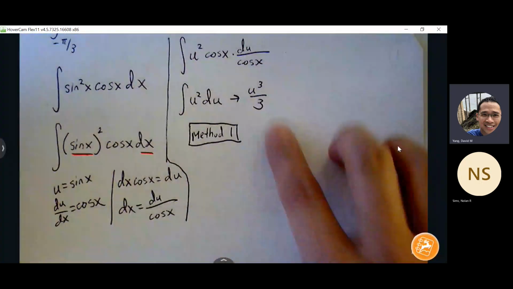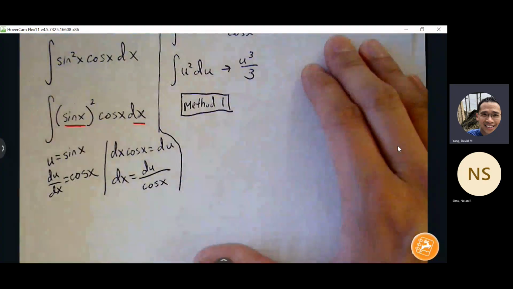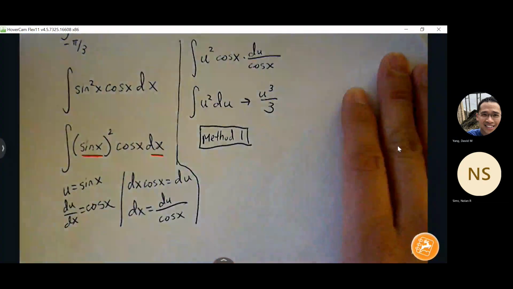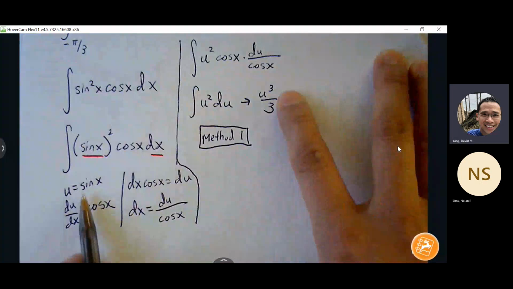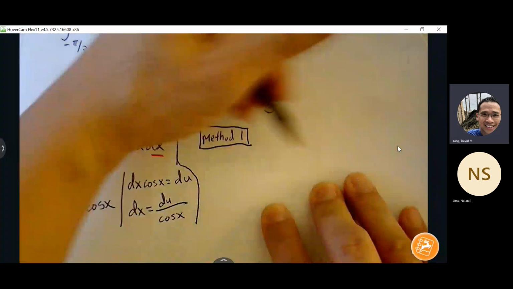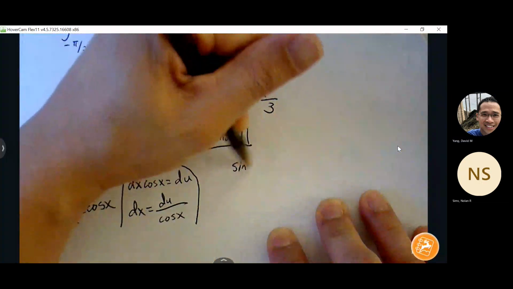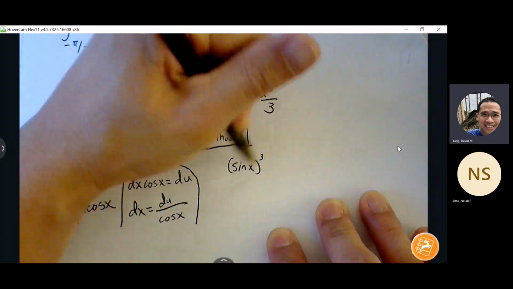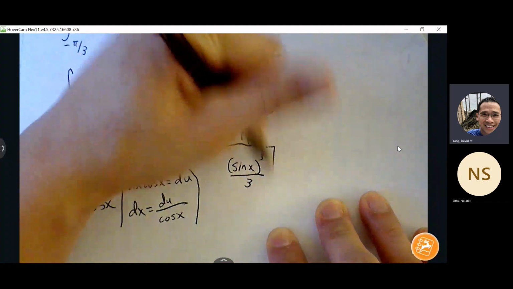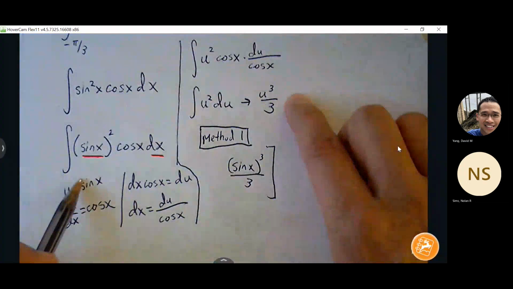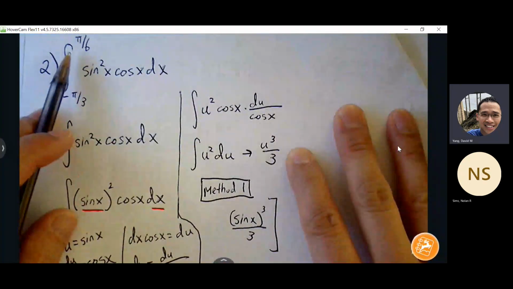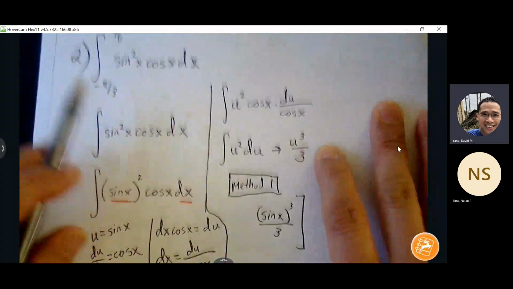Okay, so if I want to bring the u back in terms of x, u is sine x, so sine x cubed over 3. Okay, now I can use these bounds. So pi over 6 and negative pi over 3.